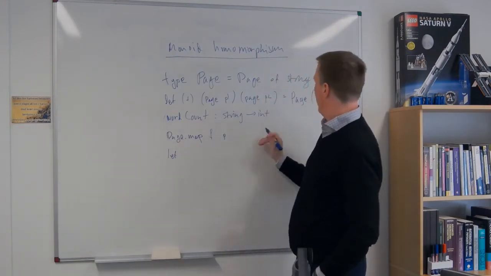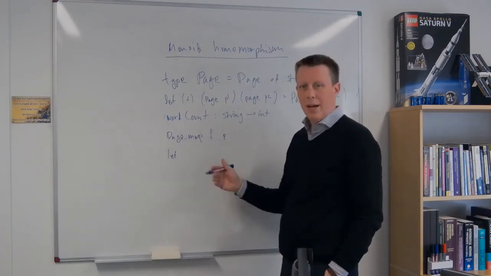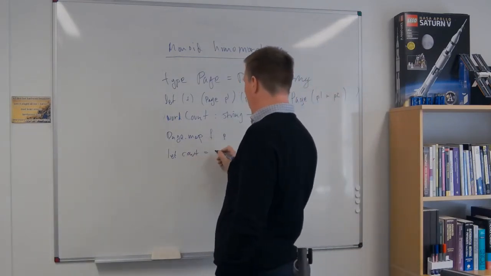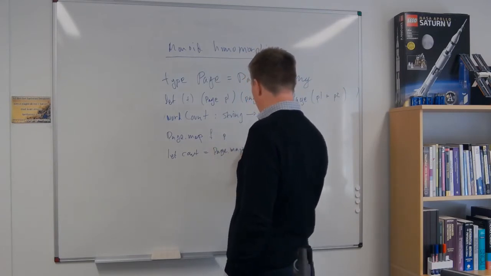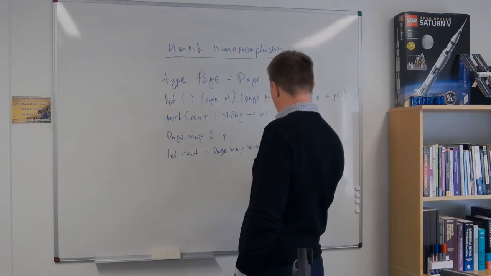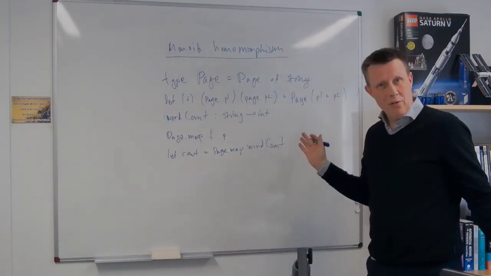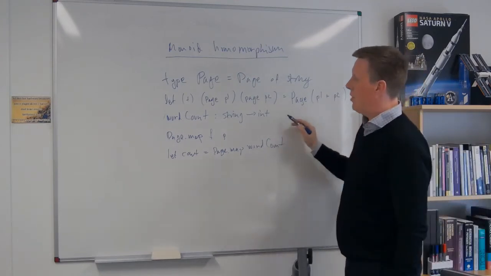So now I can say, if I want to count the words on a number of pages, so suppose I have n pages, I can say count equals page.map word count, and now I have a bunch of pages. But I know one thing: I know that pages are monoids.